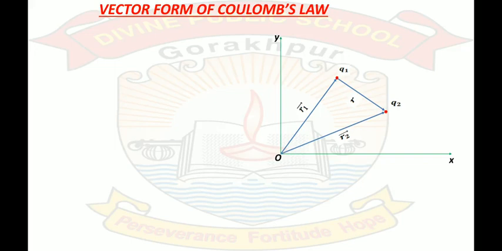Then the force which acts on q1 will be called F12 vector, force on 1 due to 2, and it will be away from q2 because the force is of repulsion. Moreover, the force acting on q2 will be called F21, force on 2 due to 1, and it will be away from q1 as both the charges are repelling each other.